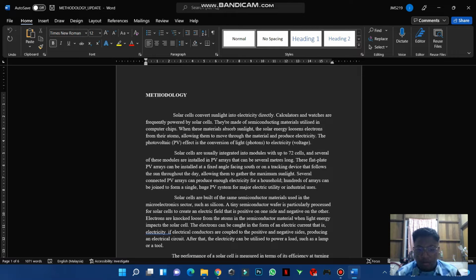Electrons are knocked loose from the atoms in the semiconductor materials when light energy hits the solar cells. The electrons can be captured in the form of an electric current, that is electricity, if electrical conductors are coupled to the positive and negative sides, producing an electrical circuit. After that, the electricity can be utilized to power loads such as a lamp or tool.